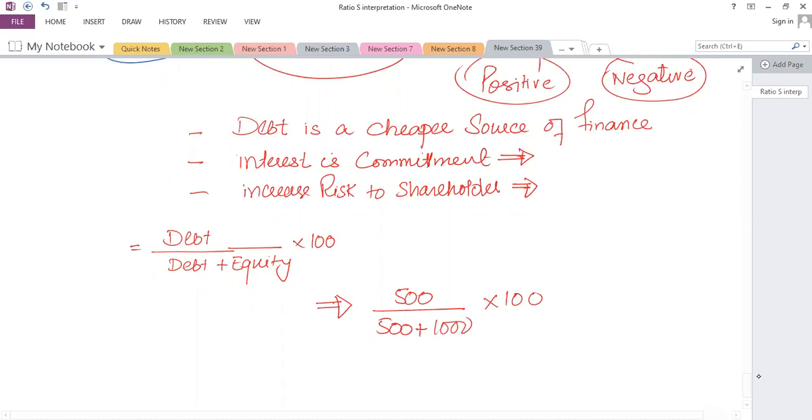The reasoning will be similar: although debt is a cheaper source of finance, it will put some restriction on you. It will create a burden of payment, a fixed payment you have to pay every year. So you have to see the overall position. If your profitability is good, can you advise debt financing?